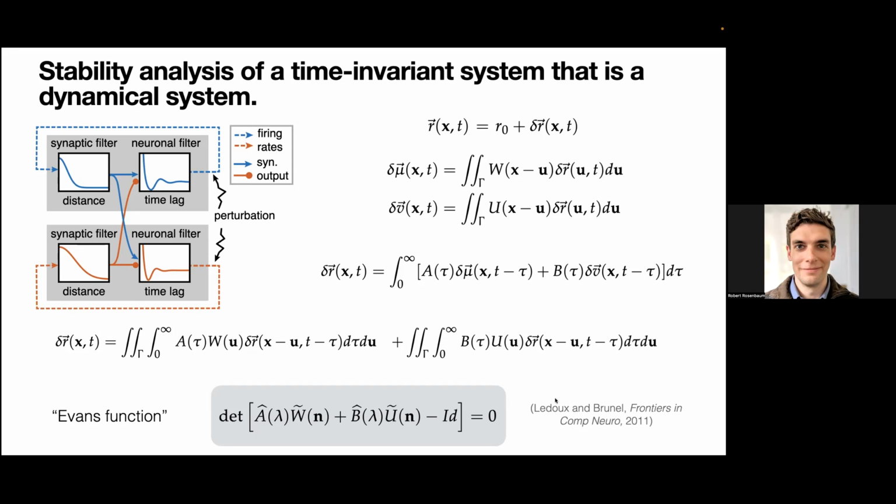This type of analysis was also presented in this paper by Ledoux and Brunel, but without space. They looked at this in a non-spatial system, so you can view this as a generalization of that approach to a system in space.